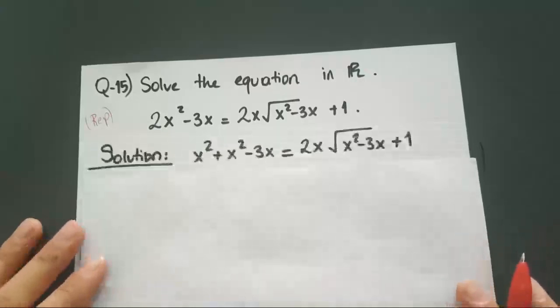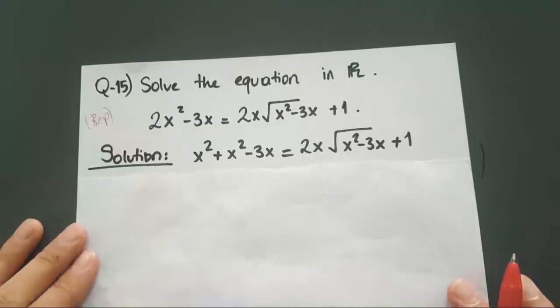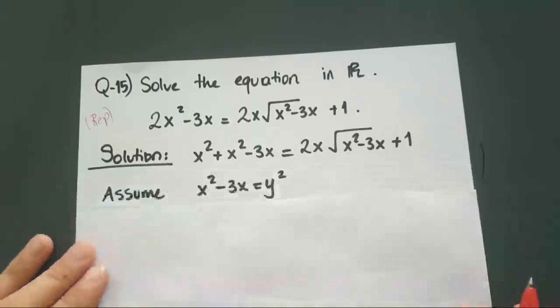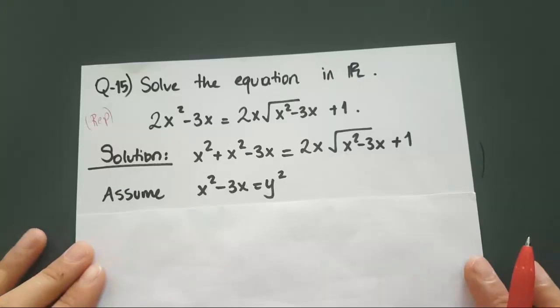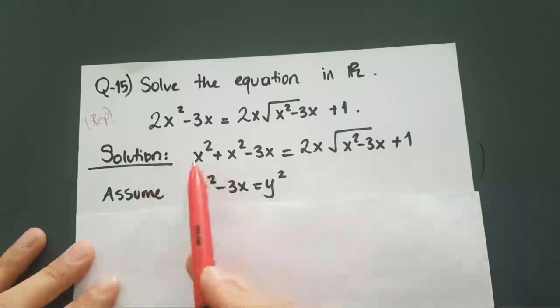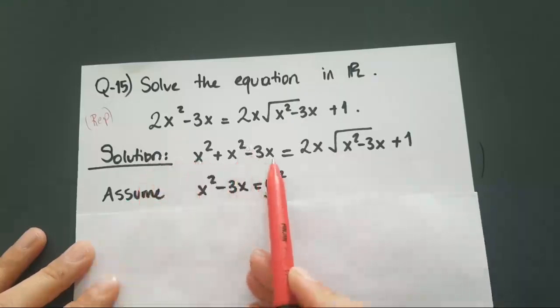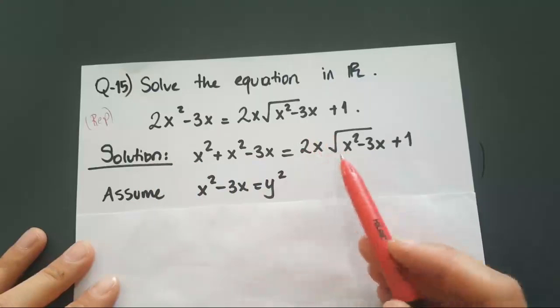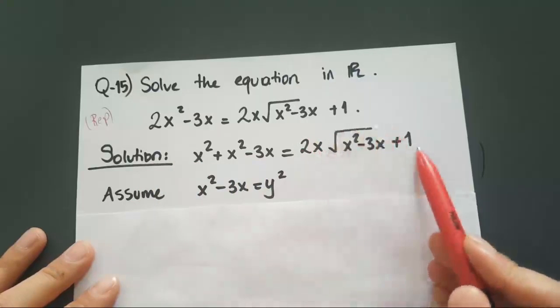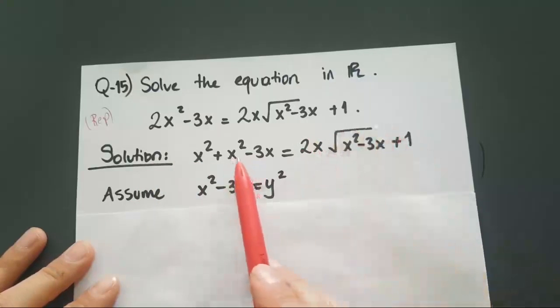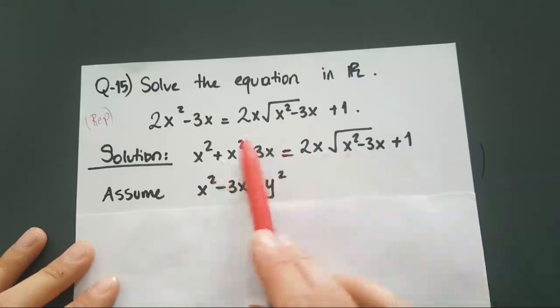Let me show you the first part. Write the given equation in this form: x squared plus x squared minus 3x is equal to 2x times the square root of x squared minus 3x plus 1. Now you can assume x squared minus 3x.